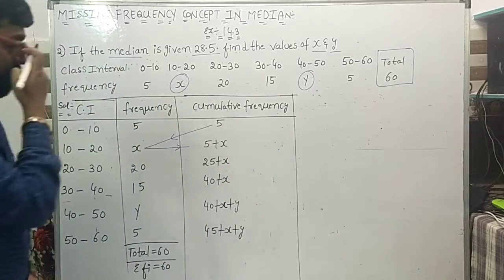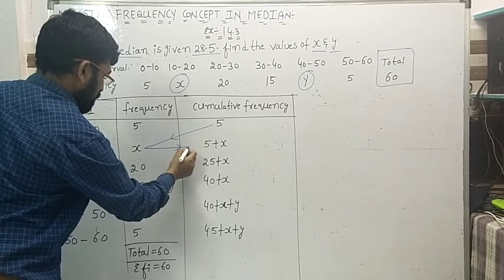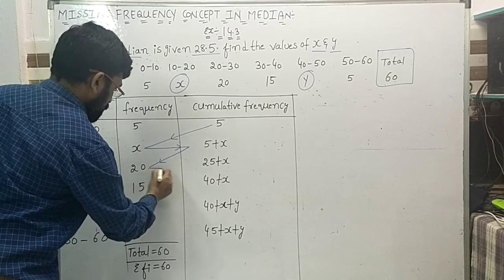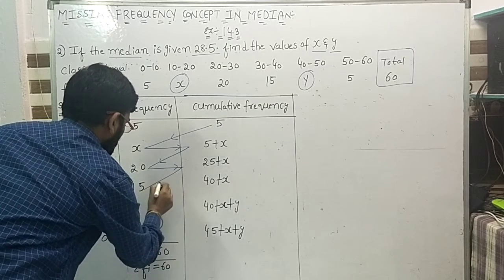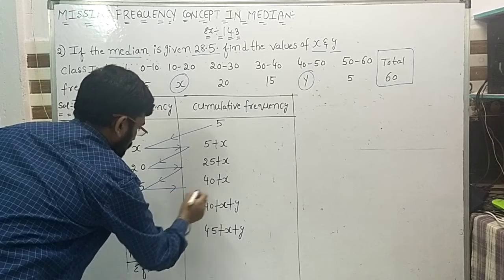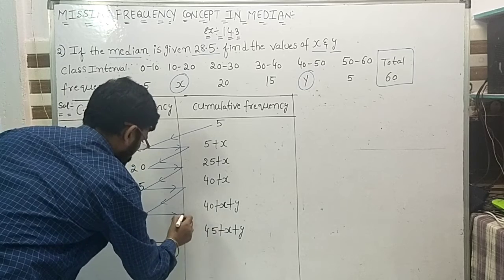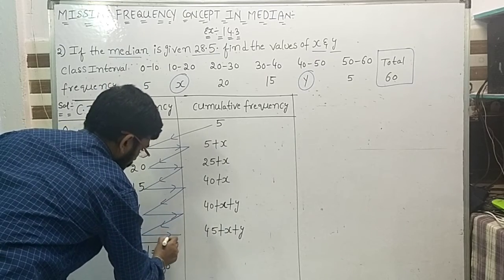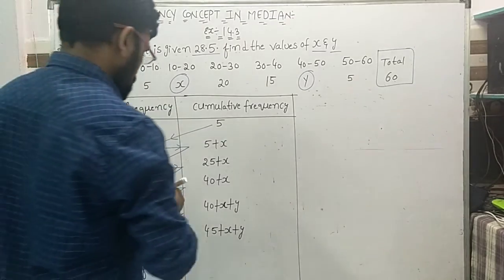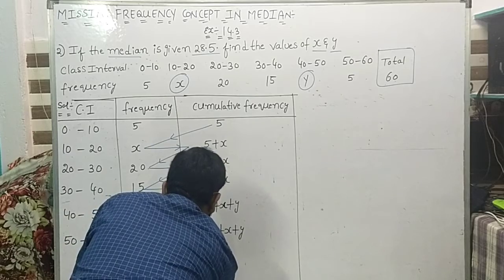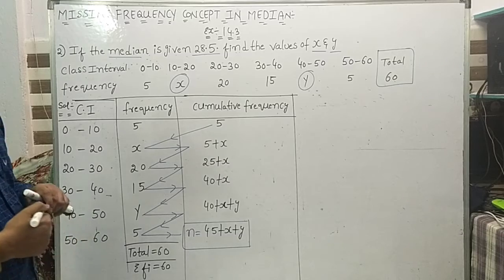Again I am repeating. 5 plus x plus 20 gives 25 plus x. 25 plus 15 will be 40 plus x. 40 plus y will be 40 plus x plus y. 40 plus 5 will be 45 plus x plus y.